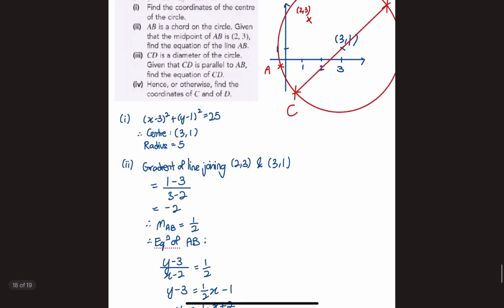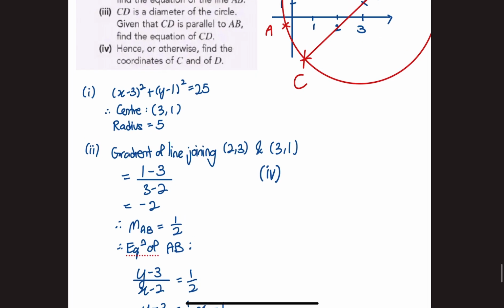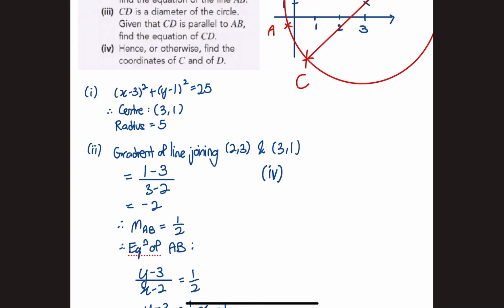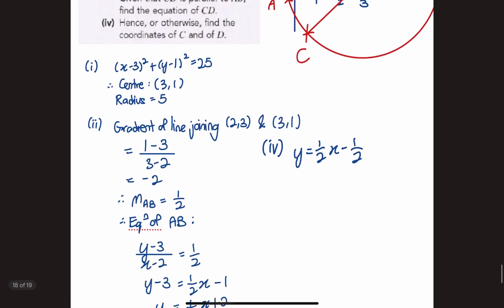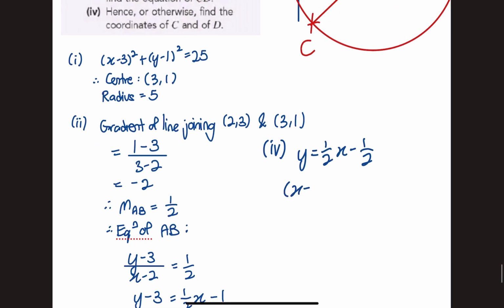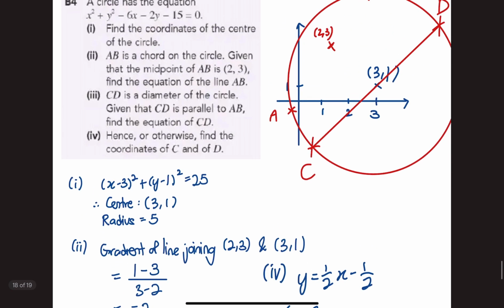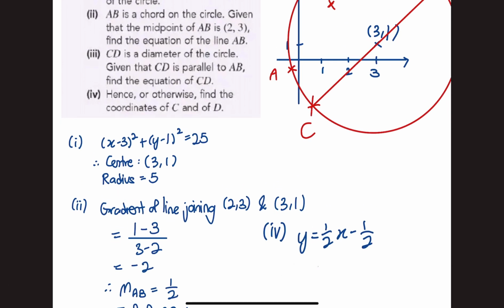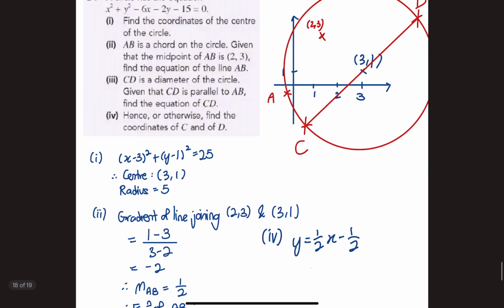So for part 4, I know the equation of line CD is y equals half x minus half. The equation of the circle is given by the question. Let me write it out clearly: x squared plus y squared minus 6x minus 2y minus 15 equals 0.